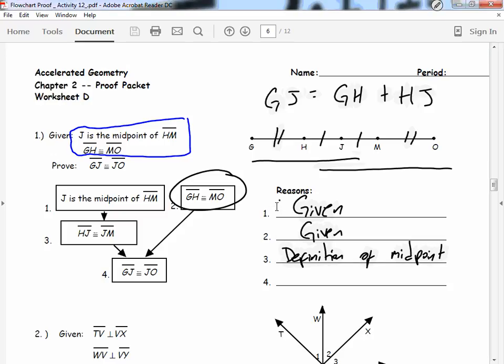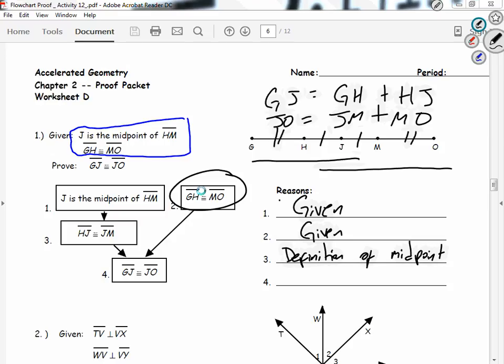You guys follow me now? Yeah. Alright, because I'm doing GJ. Notice I also need JO. So I'm also going to think of JO as the segment JM plus MO. You guys follow me? Alright.